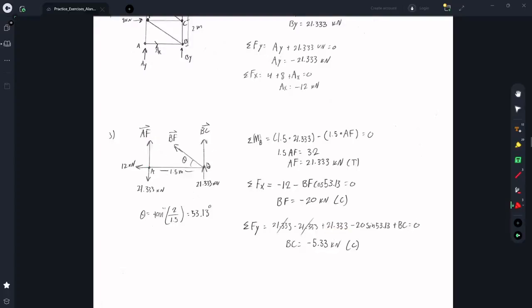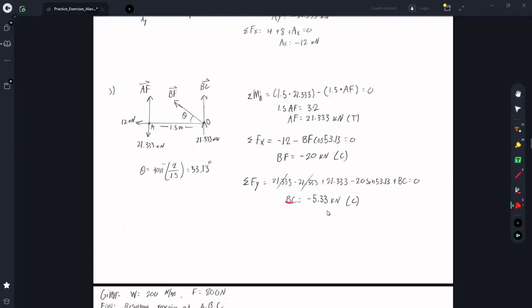And then finally, this y component of BF, which is BF sine theta. And because it's negative 20, even though this is going up, we can just plug in the negative, and it becomes negative 20 sine 53.13. The last member that we want to solve for, BC, summing all those together, we can solve for BC, which is negative 5.33 kilonewtons, and because it's negative, it's in compression.